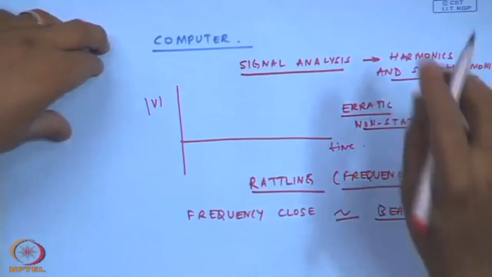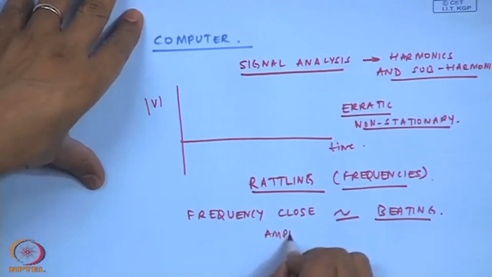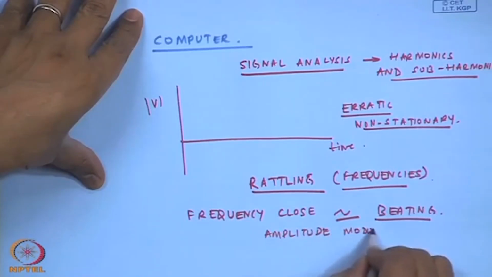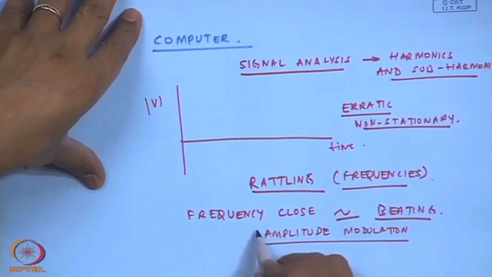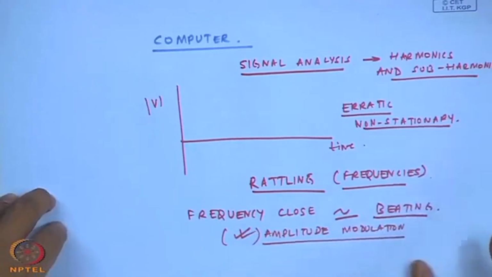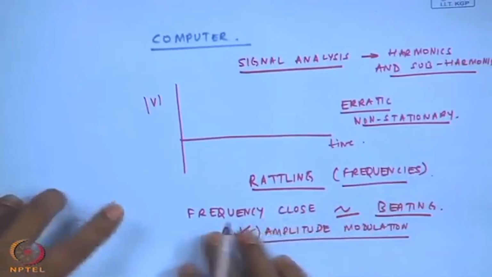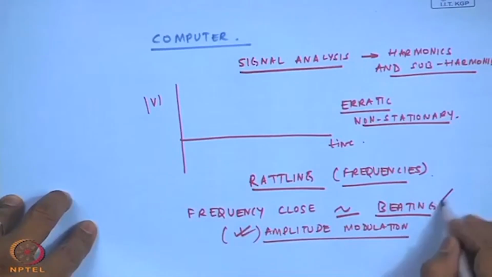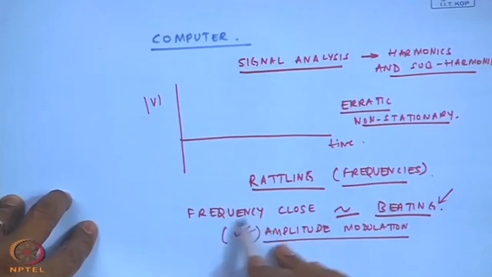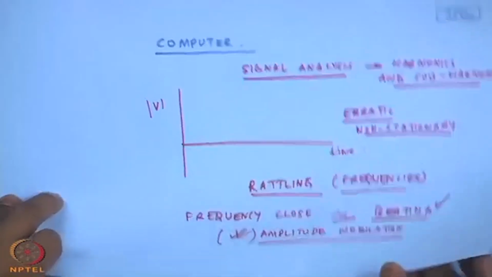And once beating occurs, you will have amplitude modulation. Well, I will not have amplitude modulation, but the signals will look like amplitude modulation. Okay. And because they are all independent processes, these two frequencies which are rattling and close to each other will produce beats and they will look like amplitude modulated signals.